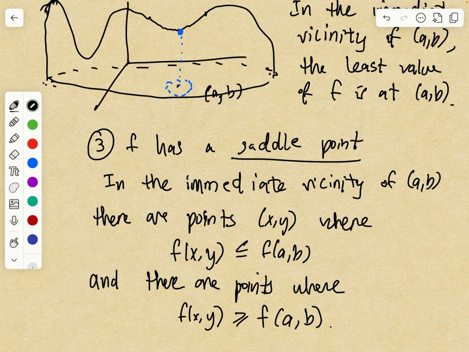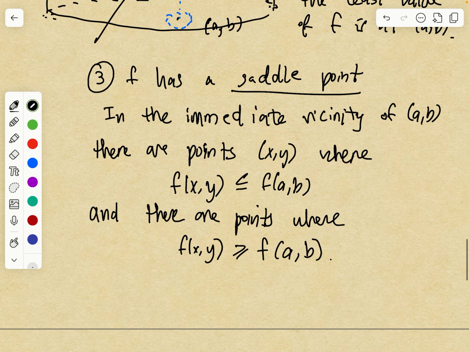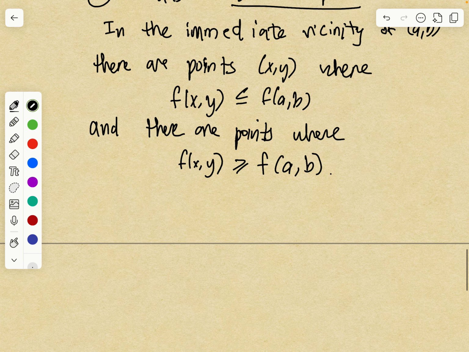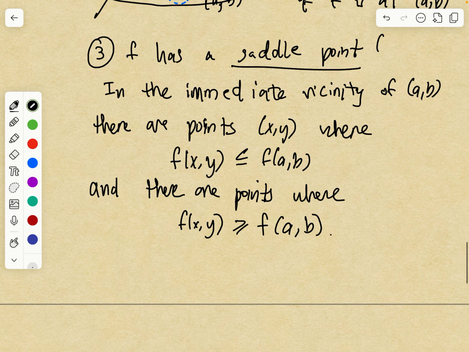Right, because if you think about what the definition is saying, it just rules out all the possibilities. So here, f is neither a local max nor a local min, basically. What it means is that you have a saddle point, so not a local max nor min, but it is a critical point.